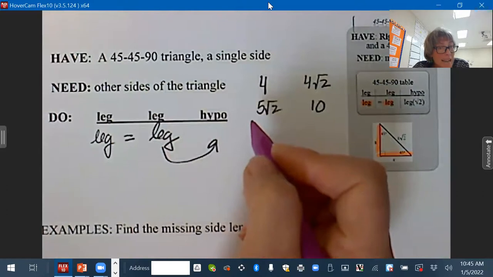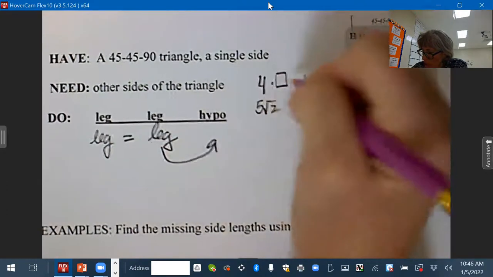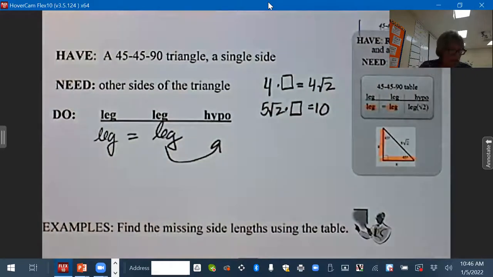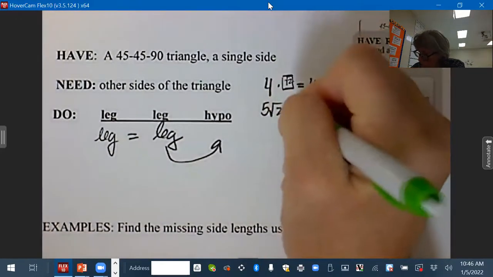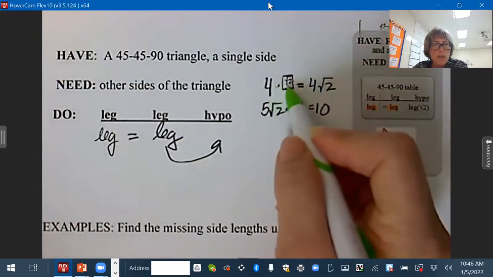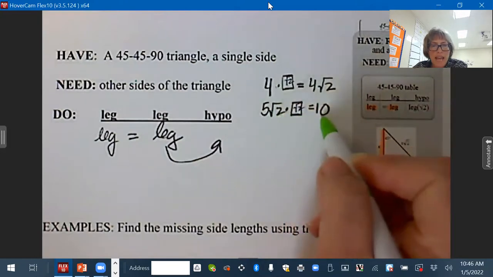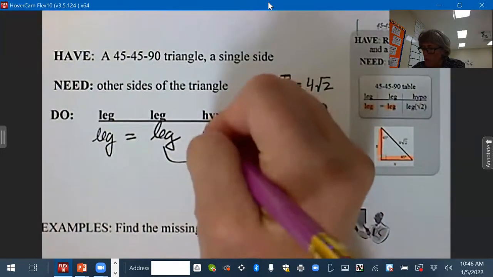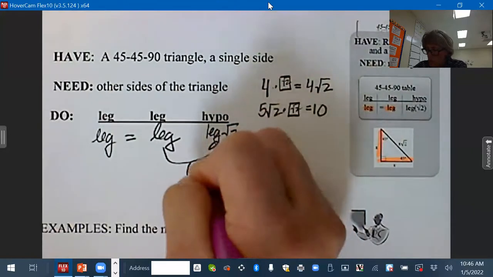It was the exact same change for both: you times by root 2. 4 times root 2 is 4 root 2. 5 root 2 times root 2 is 10. So the pattern is the hypo is going to be whatever the leg is times root 2.